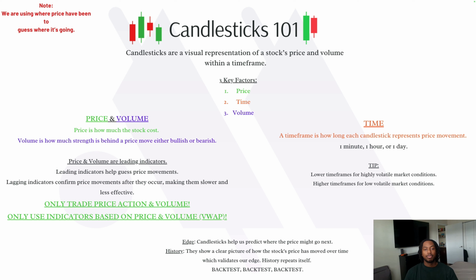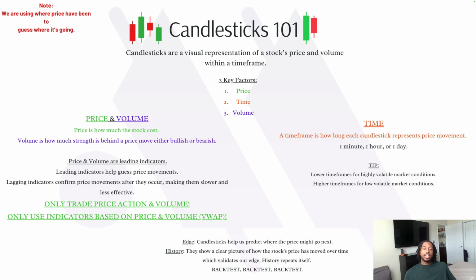We have price and volume. Price is how much the stock costs. Volume is how much strength is behind a price move, no matter if it's bullish or bearish. And the amazing thing about price and volume is that they are the only leading indicators.